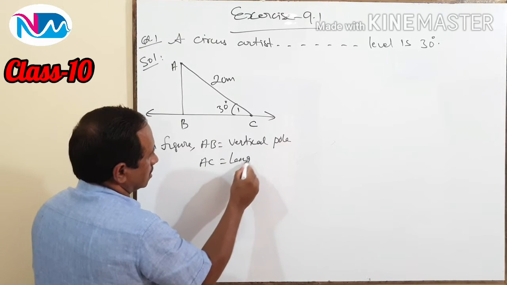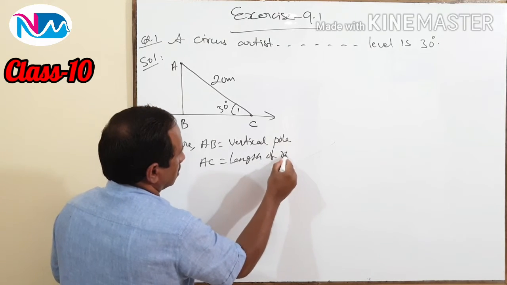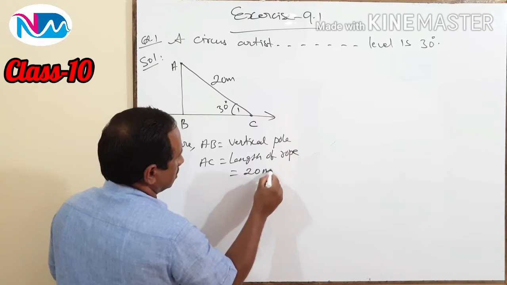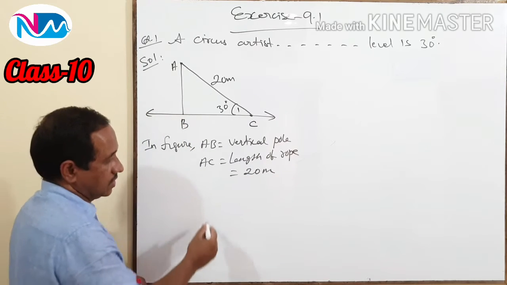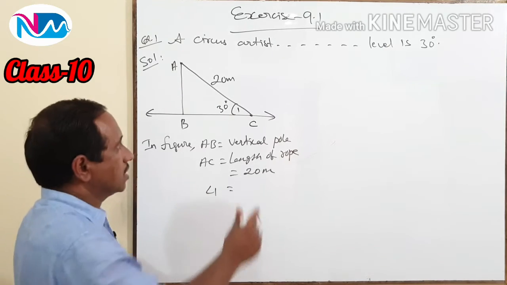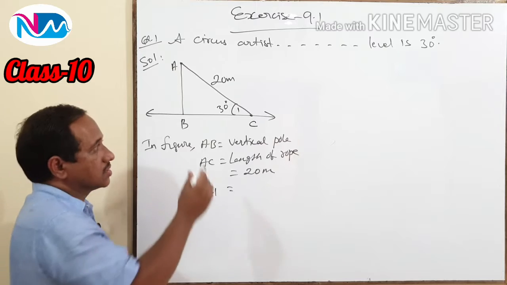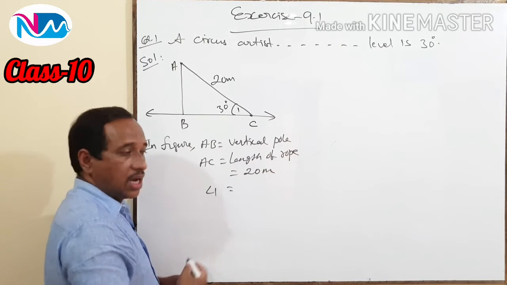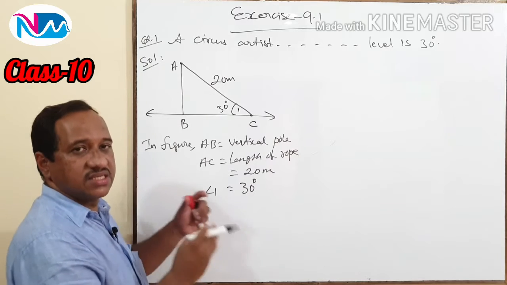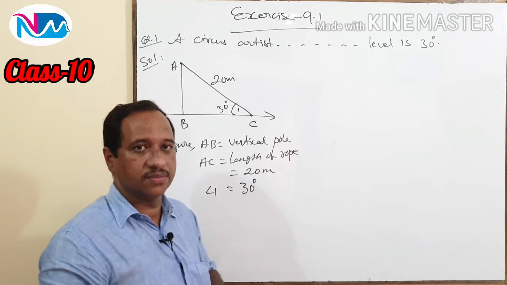AC is the length of rope, that is 20 meter. Angle 1 is the angle between the 20-meter long rope and the horizontal ground level. According to question, it is 30 degree. This is angle of elevation.